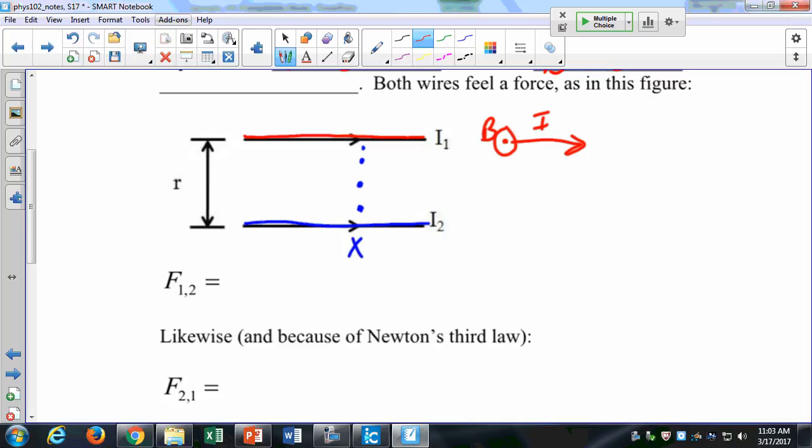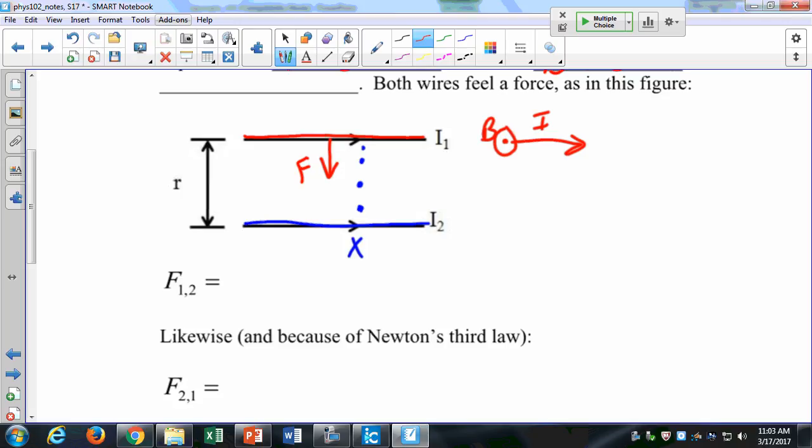Now there's actually a force acting on this wire that is down because of the magnetic field that's generated by this wire. Let me step you back through it. This wire creates a magnetic field. This wire, which has a current in it, sits inside that magnetic field, and so it experiences a force. That's that ILB sine theta business that we did before.